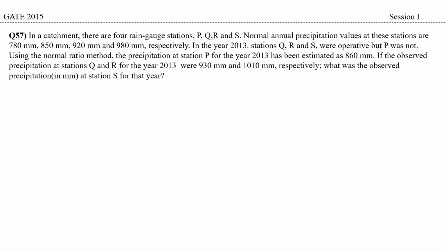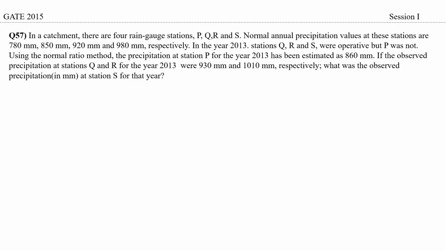Using the normal ratio method, it is already mentioned, so there is no need to check that range. The precipitation at station P for the year 2013 has been estimated as 860 mm. The observed precipitation at stations Q and R for the year 2013 were 930 mm and 1010 mm respectively.